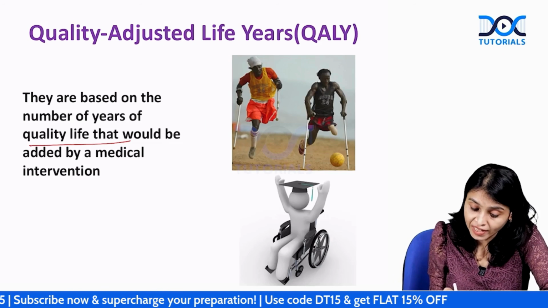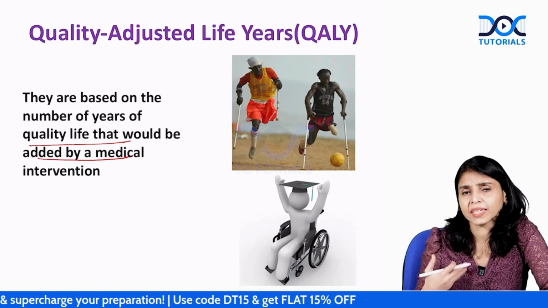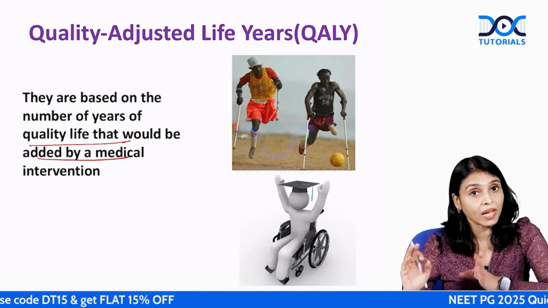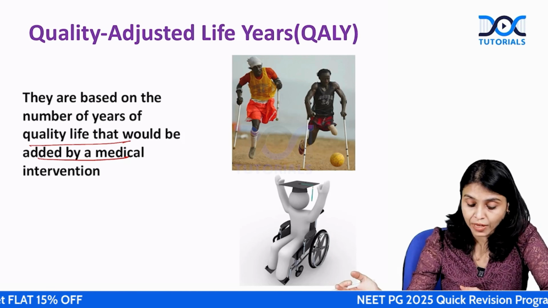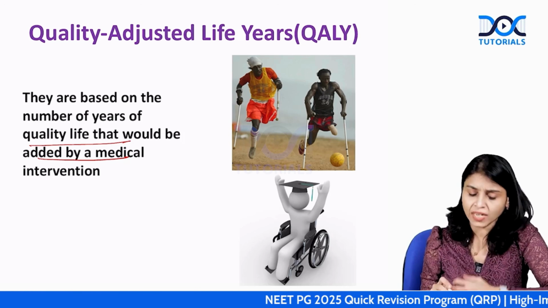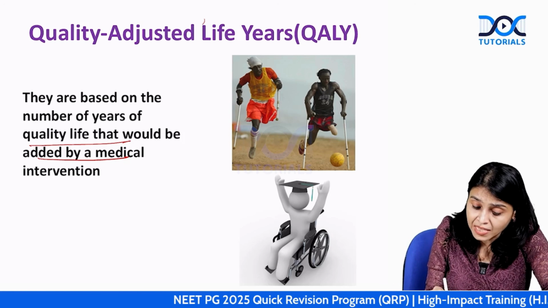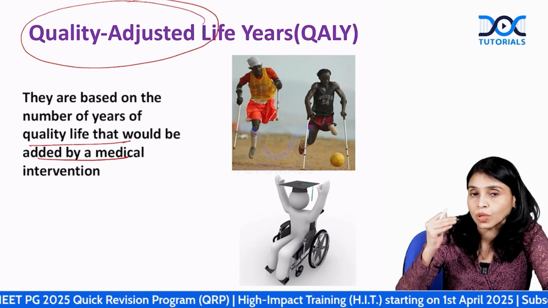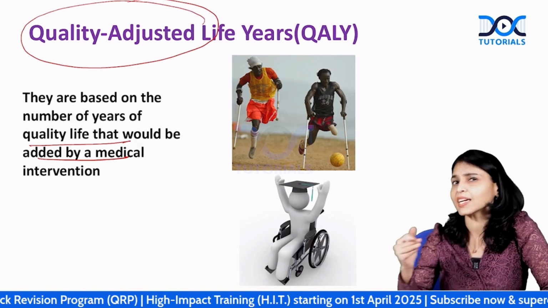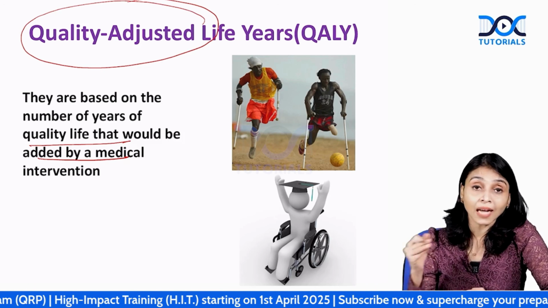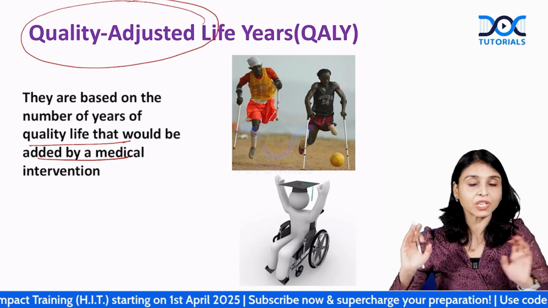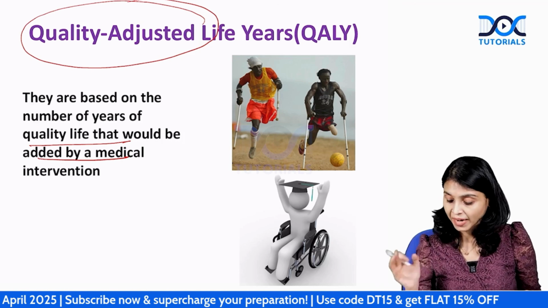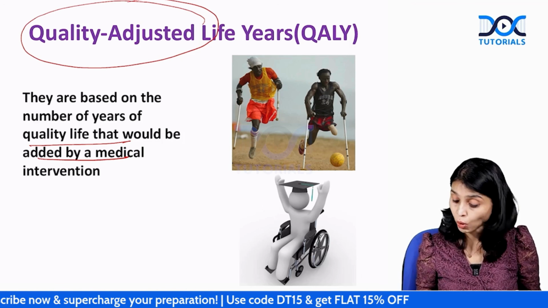Quality is something subjective. The example on those things you will get in the original video. But for the time being, in QALY the key term is quality of life. It's not just extending the life, but how many years of quality life, that means the patient is also happy. How many years of quality life you have added by your medical intervention is what you're calculating in QALY.